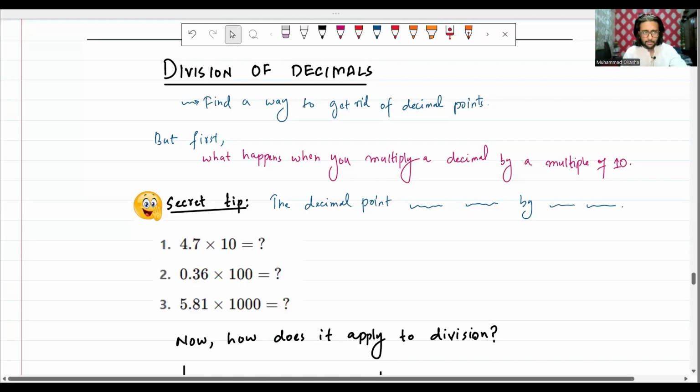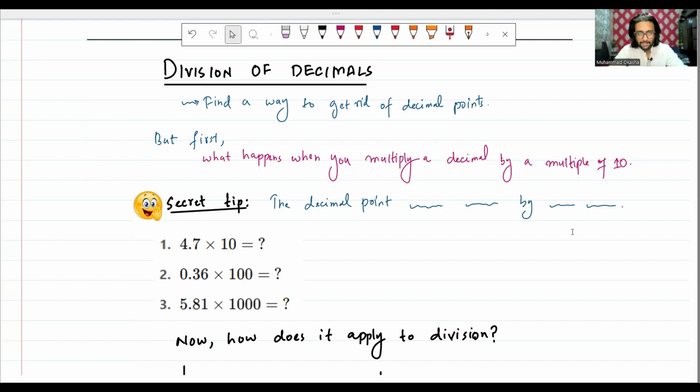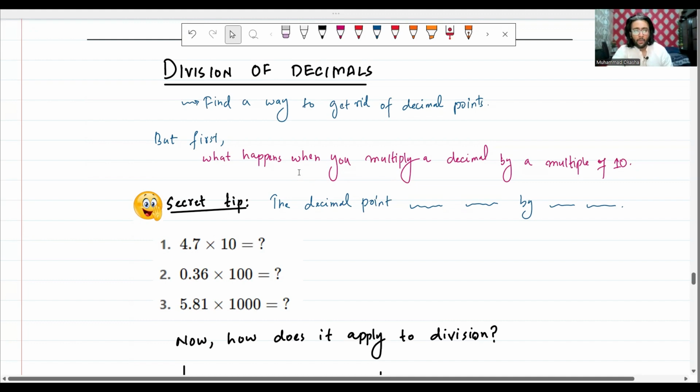Next one, decimals. How do we divide decimals? A way to divide decimals is to first find a way to get rid of the decimal points, removing them from the status of being decimals. How do we get rid of the decimal points? First, what happens when you multiply a decimal by a multiple of 10?